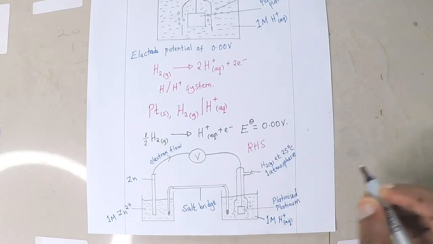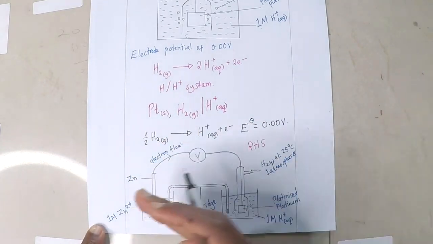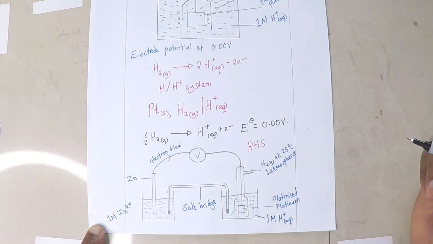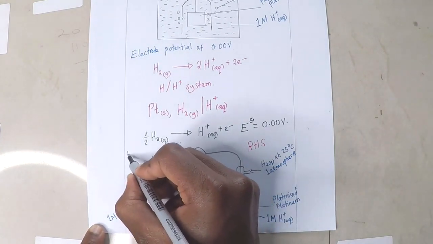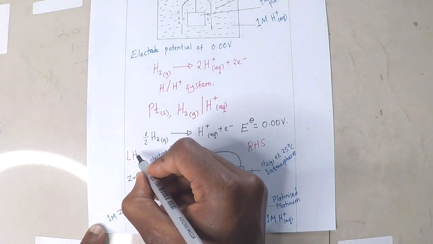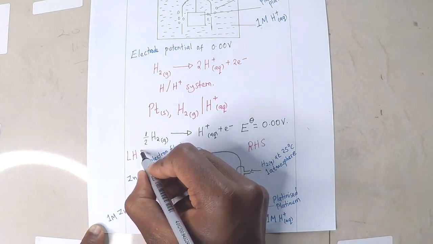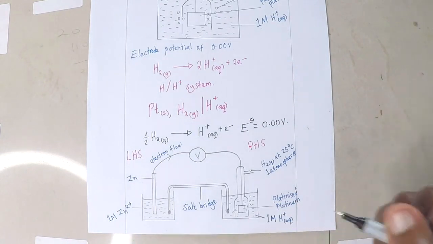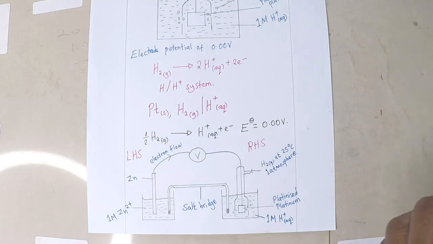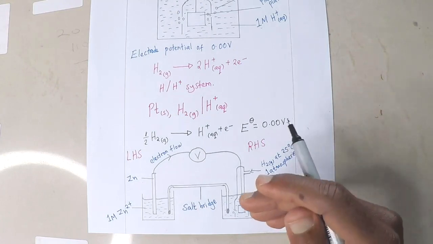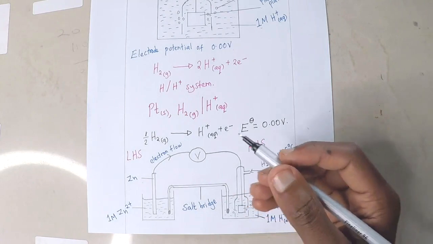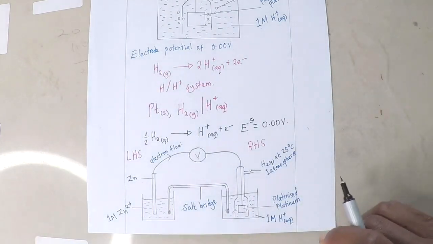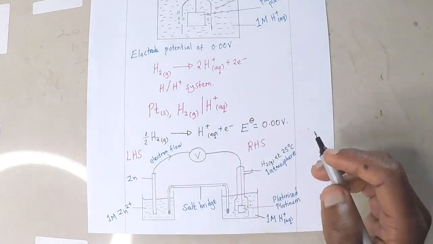This is because between hydrogen and zinc, zinc has a higher tendency of losing electrons, and therefore it is a stronger reducing agent and is always placed on the left hand side. So as a rule of thumb, the half cell containing the element that is the stronger reducing agent is always placed on the left hand side and the other one on the right hand side.